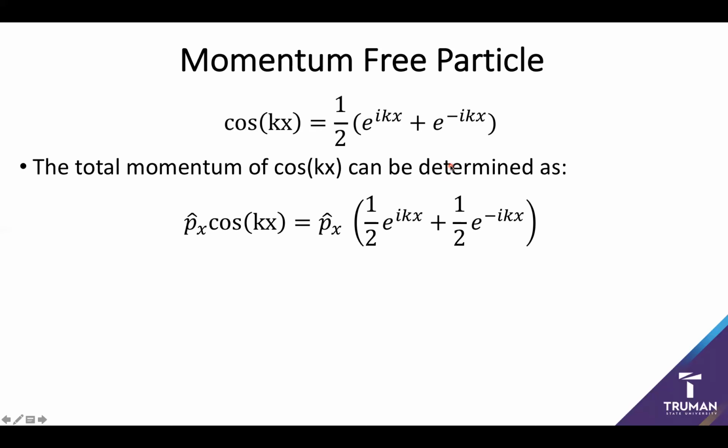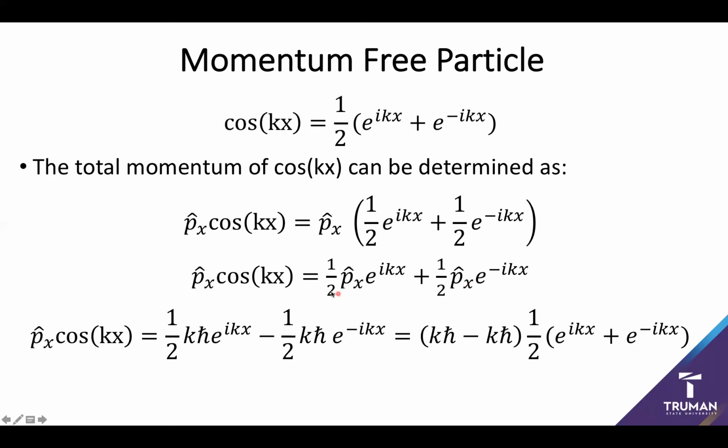So what we can do is try and rephrase it. This is how we determine the total momentum of the system: by applying the momentum operator to both of these parts collectively, which is the same as adding these two components. So what we end up getting out is positive kh bar, negative kh bar.